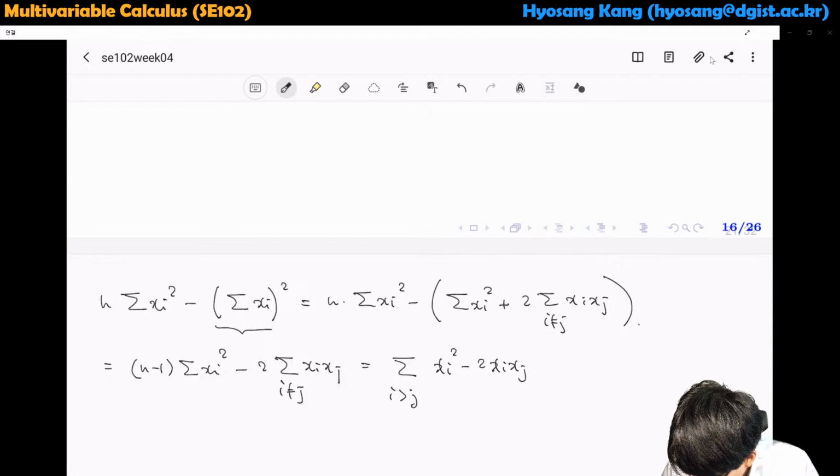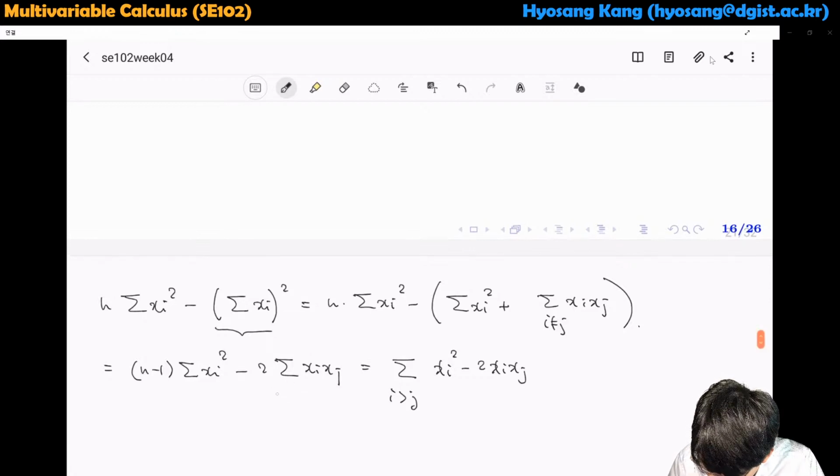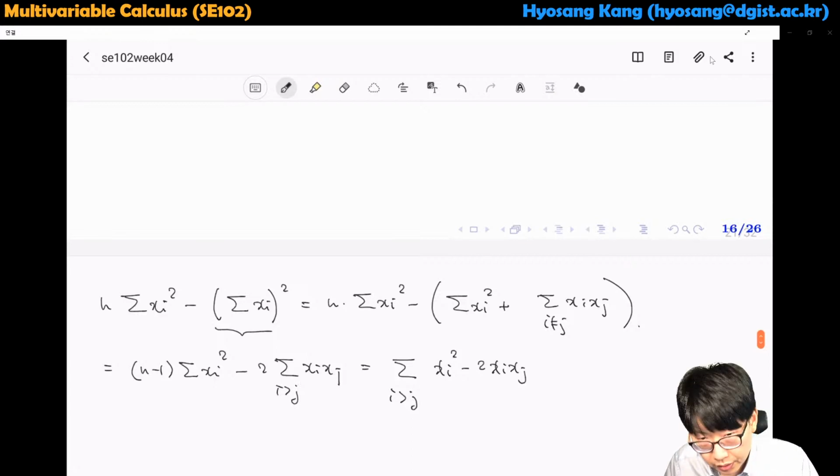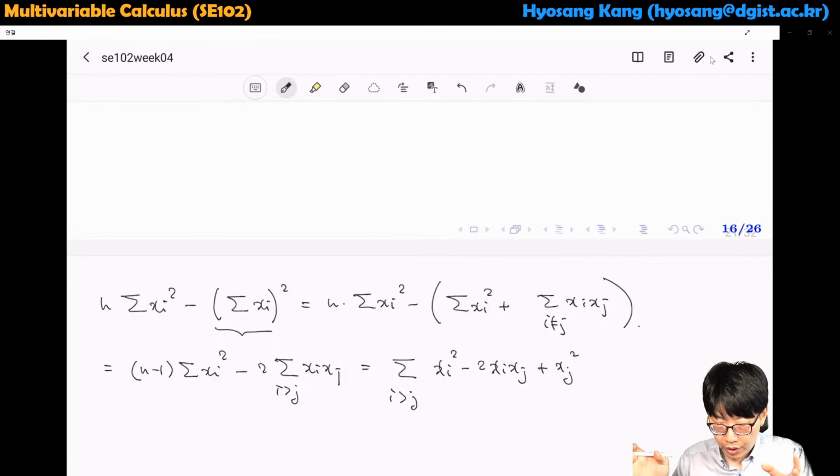Oh, by the way, sorry, there's no 2 here, because when I write 2, I mean xi xj and xj xi, so that's included when I put i not equal to j. So when I put 2, I'm putting an order of i and j, so let's say i is always bigger than j. So I'm grouping for each pair ij where i is strictly bigger than j.